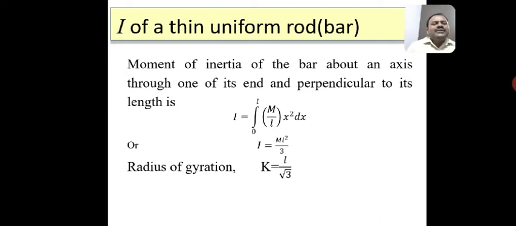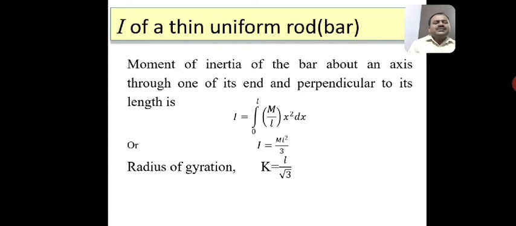So I is equal to integral 0 to L of M by L x square dx gives us the moment of inertia of the rod about an axis passing through one end and perpendicular to its length. Upon integration and applying the limits, you will get the moment of inertia as I is equal to ML square divided by 3.